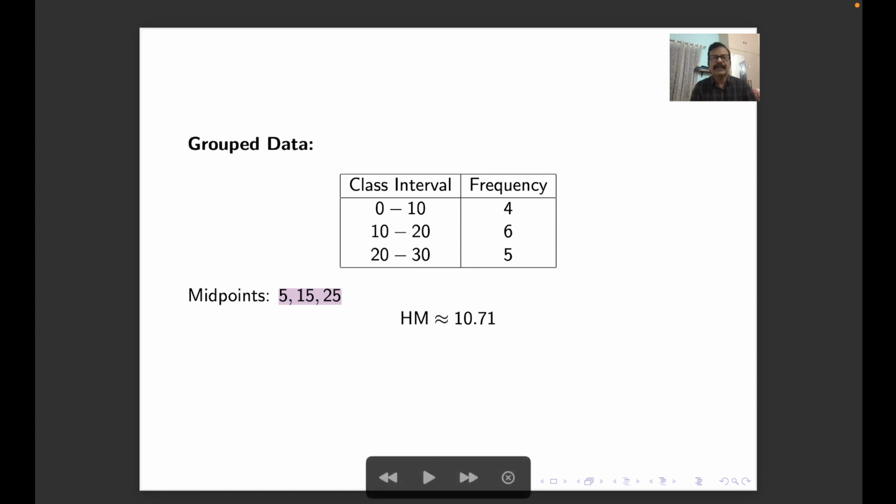Now the harmonic mean can be computed: 4 plus 6 plus 5 is 15. 15 divided by 4 by 5 plus 6 divided by 15 plus 5 divided by 25, and we get 10.7 as the value.